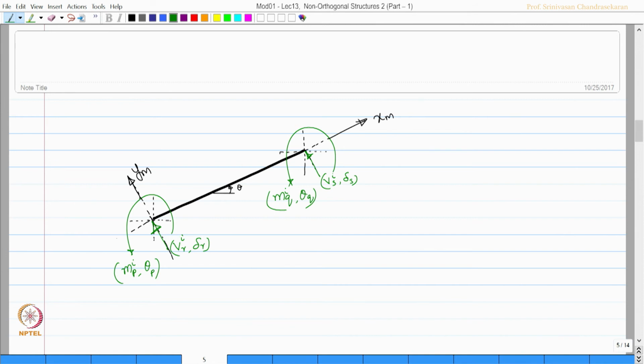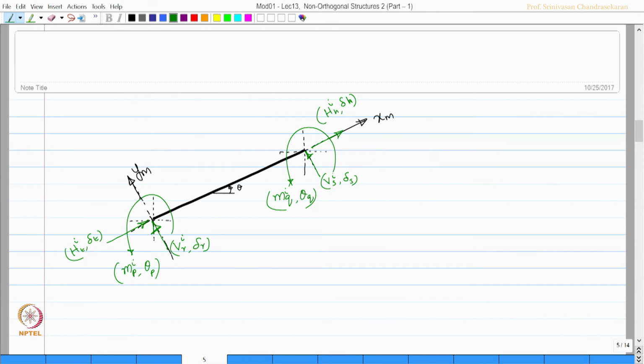Let us also mark the axial deformations, which will be h t of the ith member causing delta t, and h h of the ith member causing delta H. Please note that all the symbols used here do not have a bar on the top, it means they are local.